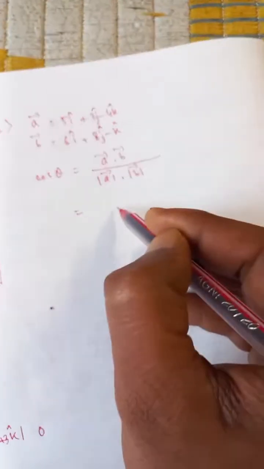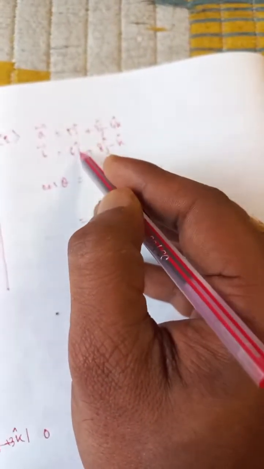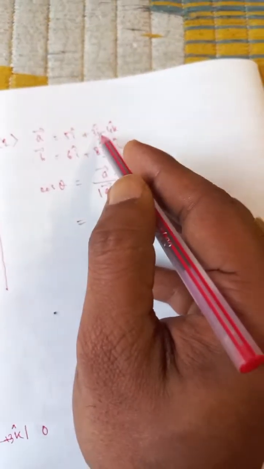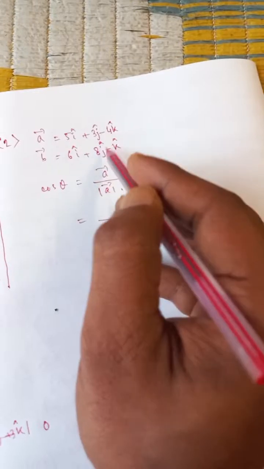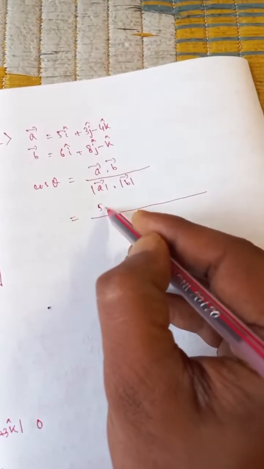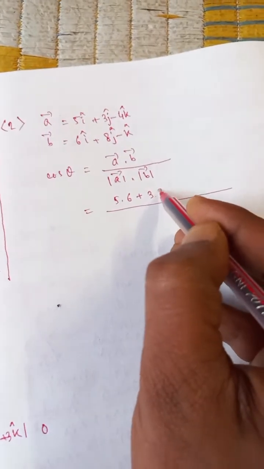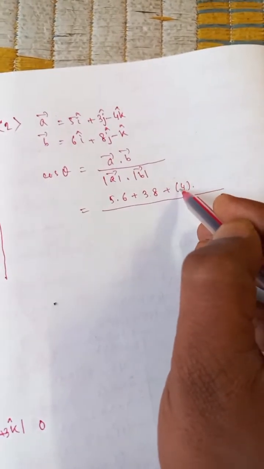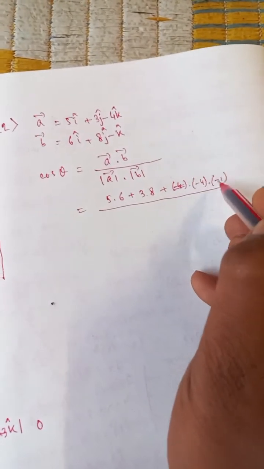A vector dot B vector will again be the similar unit vectors multiplied, and the other products will be 0. So similar vectors get multiplied: i times i, j times j, plus k times k. So this will be 5 times 6 plus 3 times 8 plus minus 4 times minus 1.